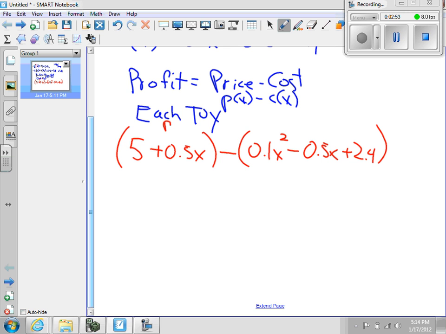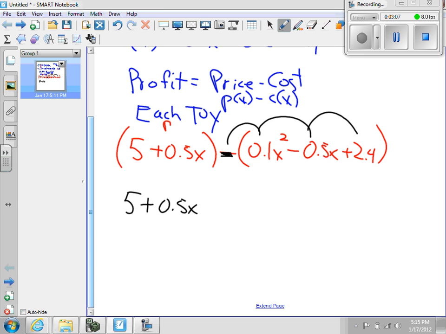Well, I'm going to start off with my 5 plus 0.5x. But I have to remember, since I have a negative sign here, I have to distribute that negative sign to each of the terms inside this function. So that's going to be minus 0.1x squared plus 0.5x minus 2.4.